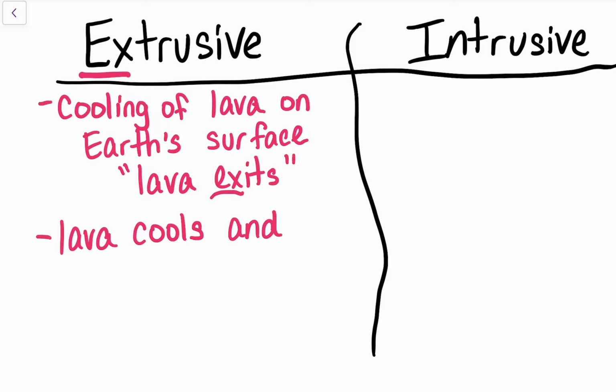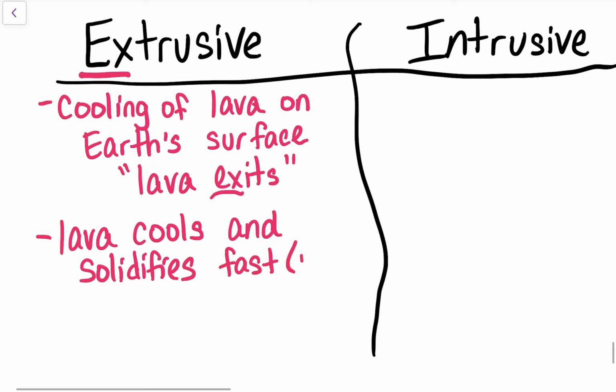Instead of saying harden here, I'm going to say solidify, because remember, we have our liquid lava turning into a solid rock. Cools and solidifies fast. Rapidly. Rapid means fast.